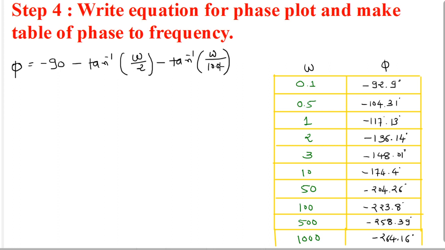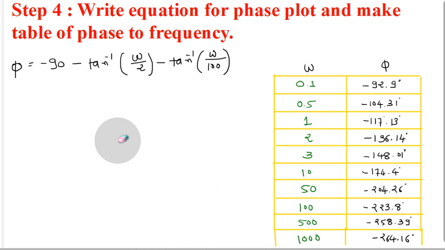That is the phase angle formula. Why am I taking this minus? Because there is a pole. If poles, then minus, and if zeros, then plus. But in our case there are only poles, so I am indicating minus here.